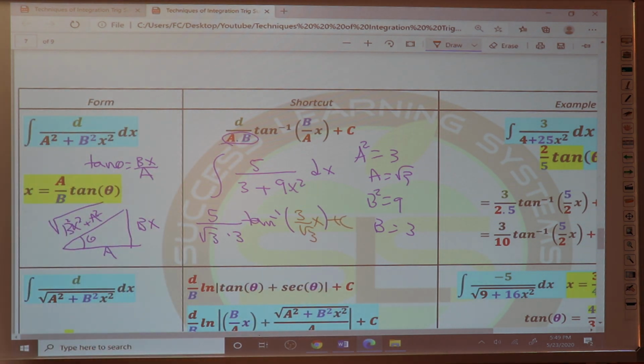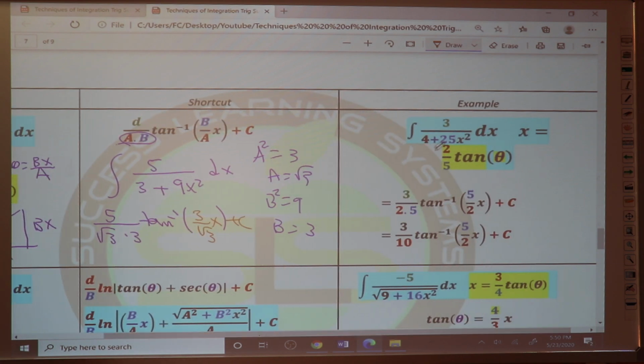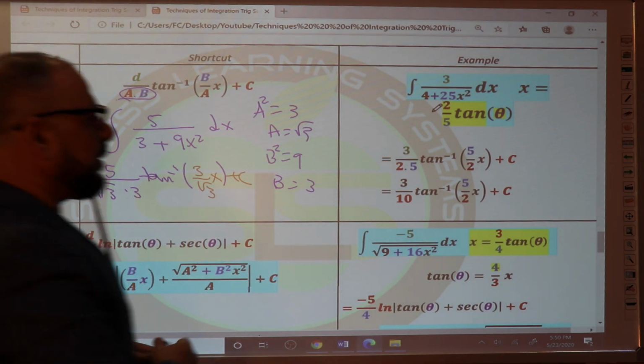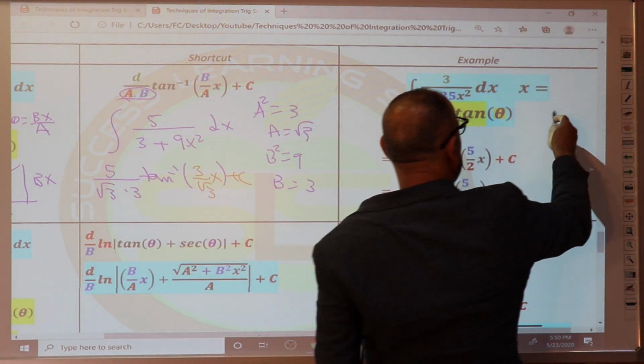And there's another example there. 3 over 20, look here. What's your triangle here? See your triangle here.